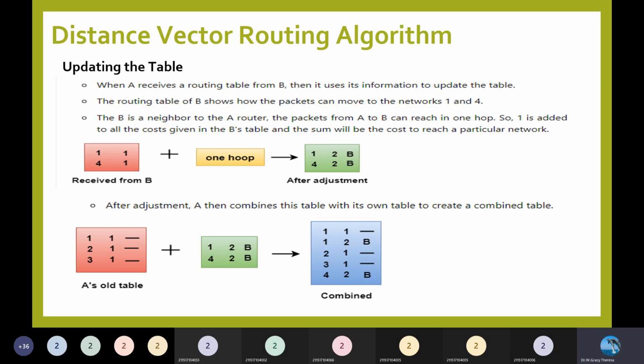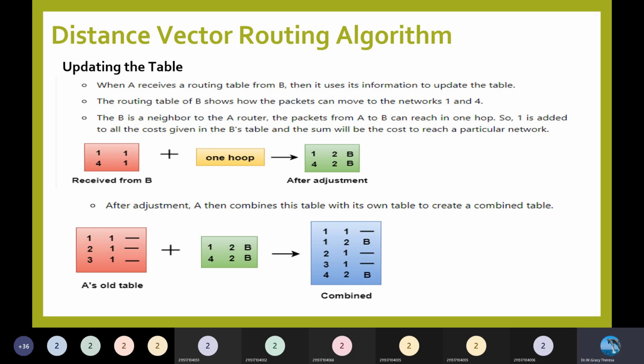So this is our table. Here it is just combined and written: first 1, 1 dash, then 1, 2, B, then 1, 2, 1, B. It's just combining and writing it out. The checking and comparing will be done later. For each entry, the cost has to be set. If A wants to reach network ID 1, the cost is 1. But if A wants to reach network ID 1 with the help of B, the cost is 2.